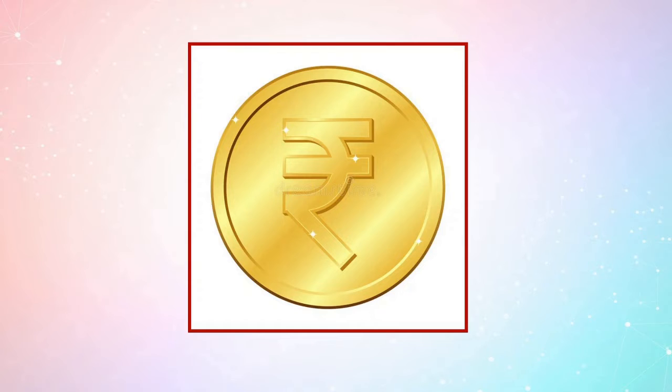Now see, dear children, this is the symbol for rupee. We write rupees like this, R-U-P-E-E-S, rupees. Okay, 2 rupees, 5 rupees. We use this spelling. But now it is not necessary to use this spelling before the number.